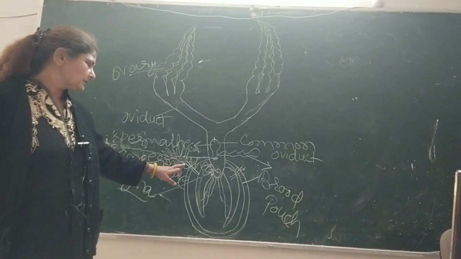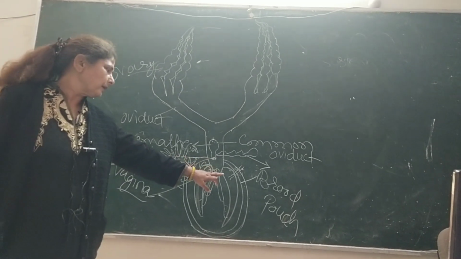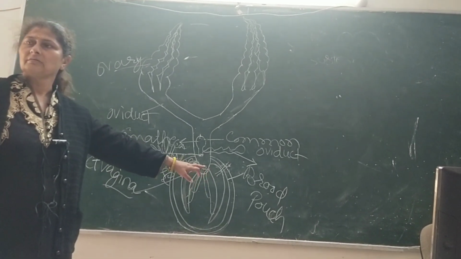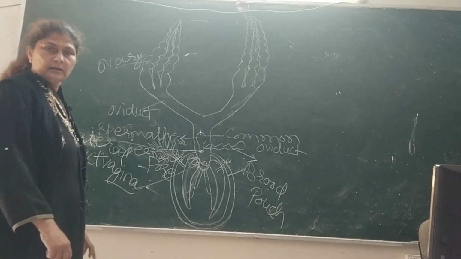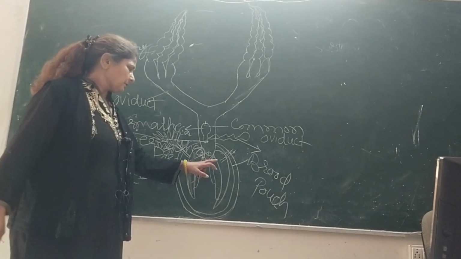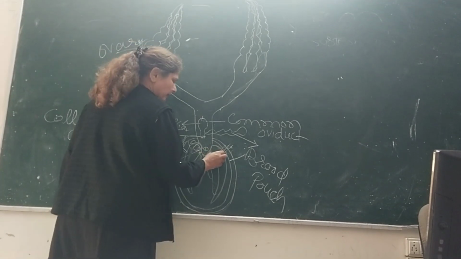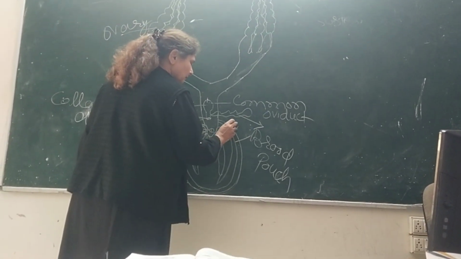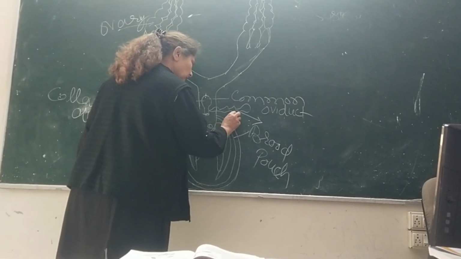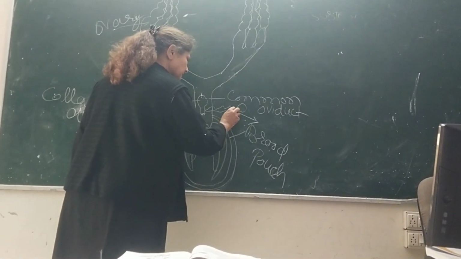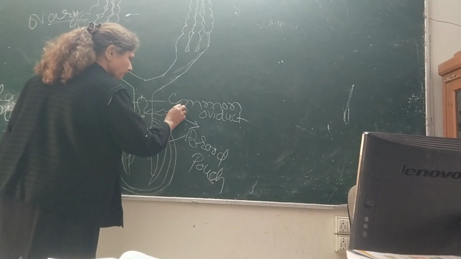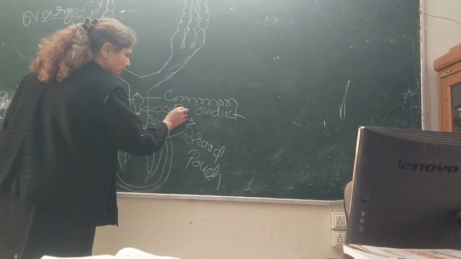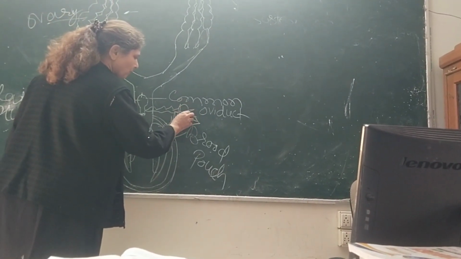This structure is larger in size as compared to this one. The right phallomere is smaller in size as compared to the left phallomere.